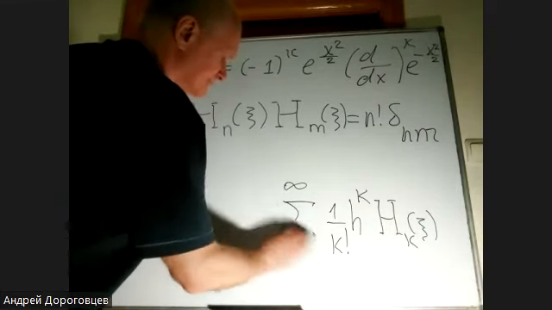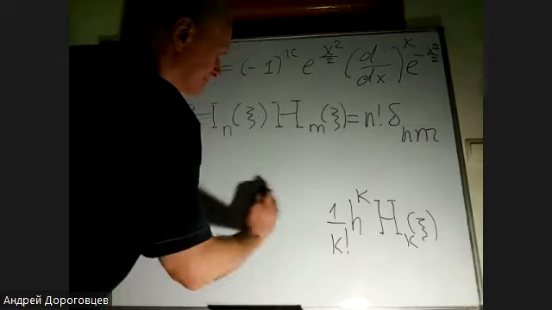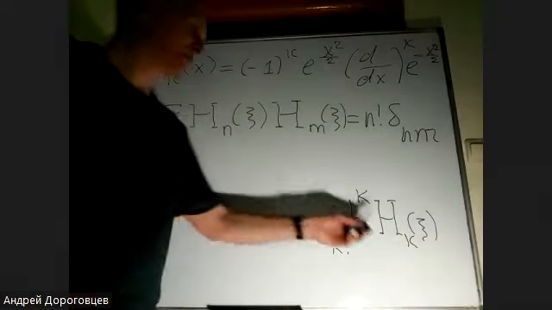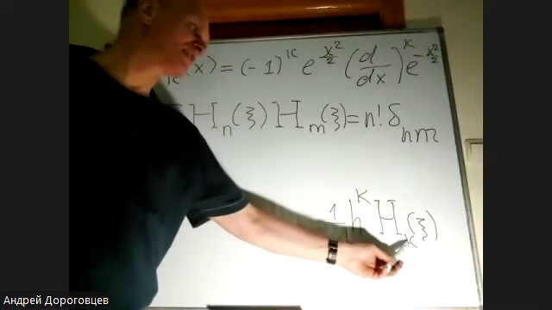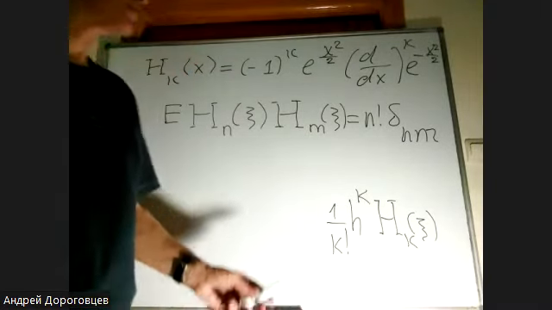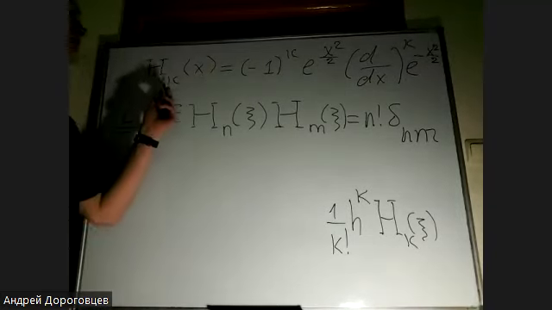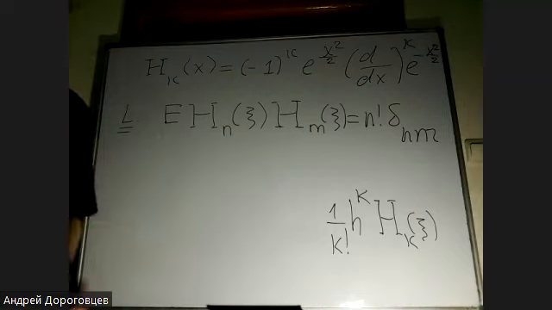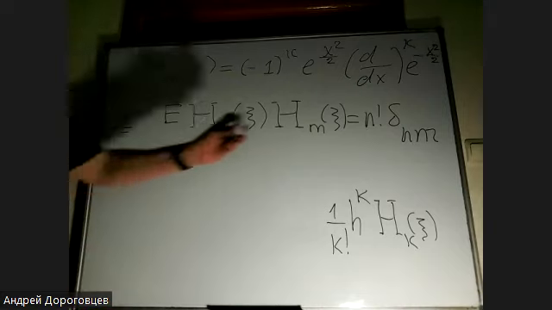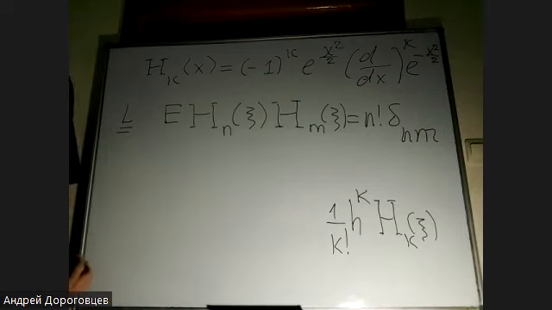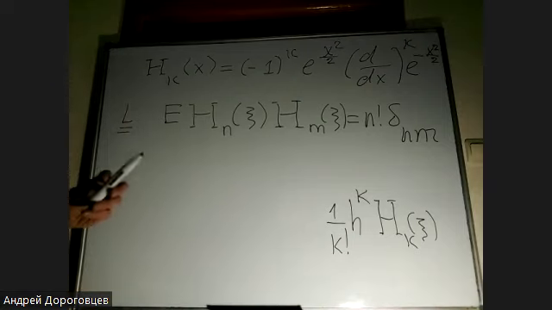Sorry, I missed what is smaller, n or m? You see, here we have the index of the Hermite polynomial, and from this expression it can be seen that k is not only a formal index. This is the number of the derivative which represents this polynomial, and moreover, it is the degree of this polynomial.